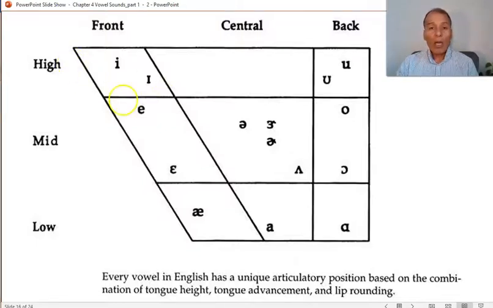There are 1, 2, 3, 4, 5, 6, 7, 8, 9, 10, 11, 12, 13, 14. 14 English vowels. You notice I ignored this one. This one is not typical of American English. It is found in particular conditions, but it's not a typical American sound.